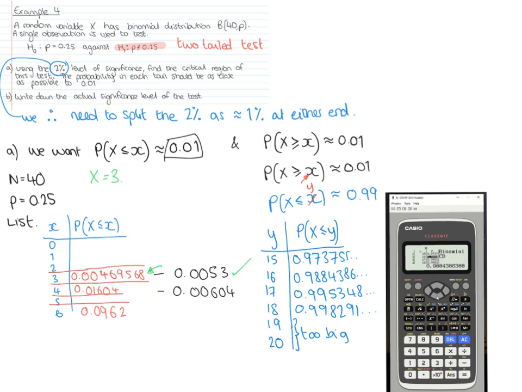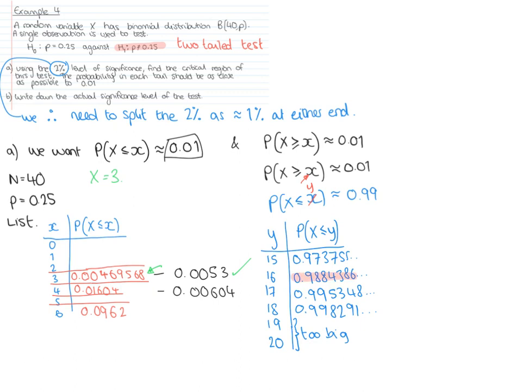So we know it's going to be between these two, and we just do the bigger one minus 0.99 or 0.99 minus the smaller one to find out the difference, and the differences we'll just work out now. So we've worked out how far each of these numbers are from 0.99, and this one here is closer.